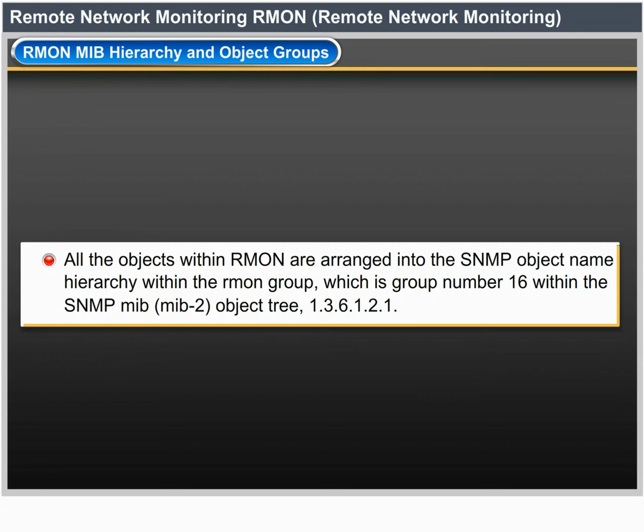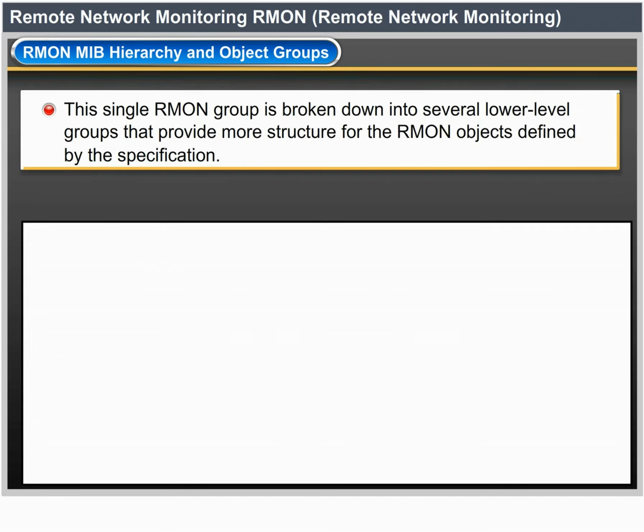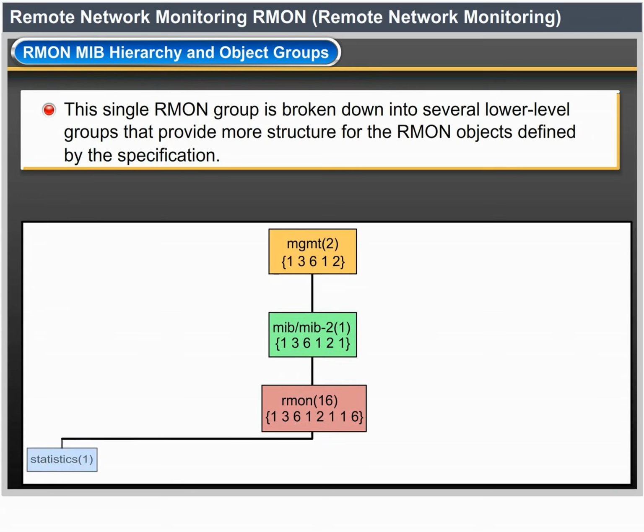So all RMON objects have identifiers starting with 1.3.6.1.2.1.16. This single RMON group is broken down into several lower level groups that provide more structure for the RMON objects defined by the specification.